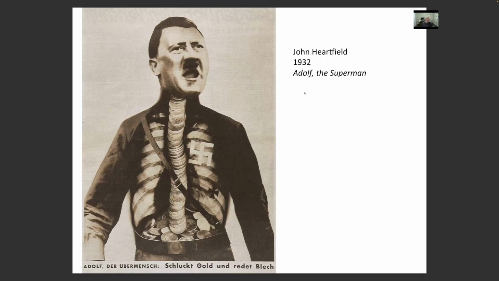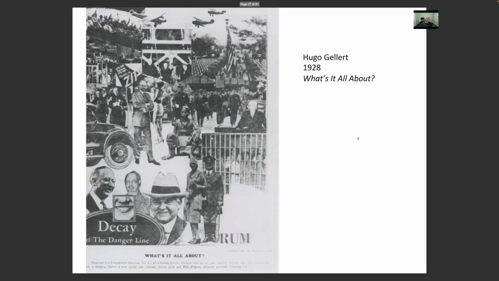Of course, he doesn't know that Hitler is about to commit mass genocide. So his problem with Hitler is that he thinks Hitler is a little too greedy, and he thinks that the people that support Hitler are only concerned about material wealth in Germany, and he thinks there are other things that are important. What's it all about?